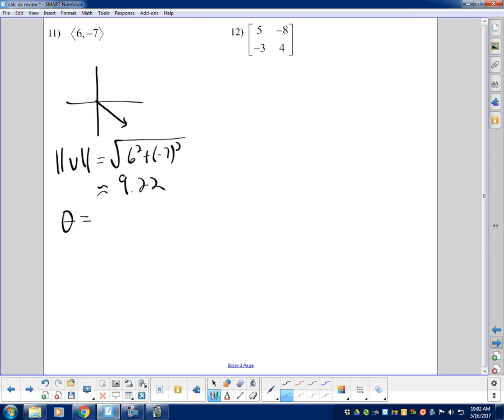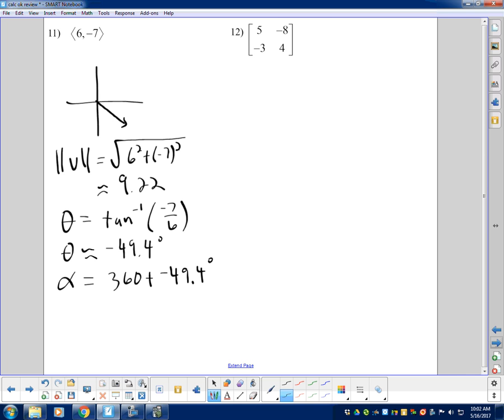And theta is equal to inverse tangent of negative 7 over 6, which is about equal to negative 49.4 degrees. And then if we just add 360 to that, we'll call it alpha. Alpha is equal to 360 plus negative 49.4 degrees. That'll give us the positive angle going counterclockwise around, which is 310.6 degrees.